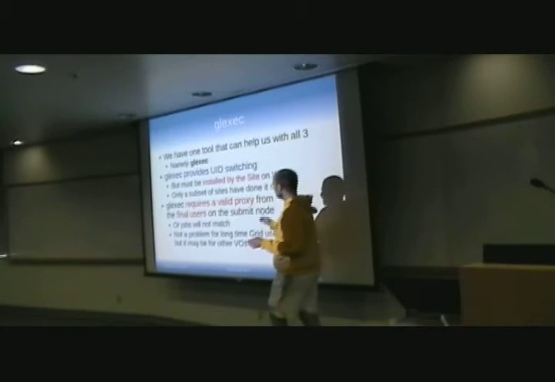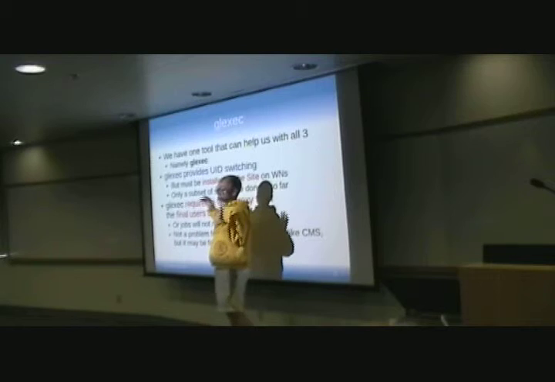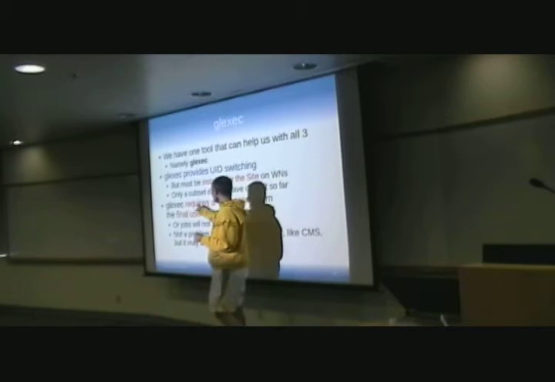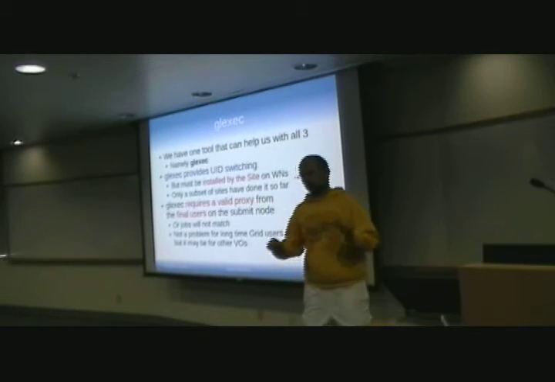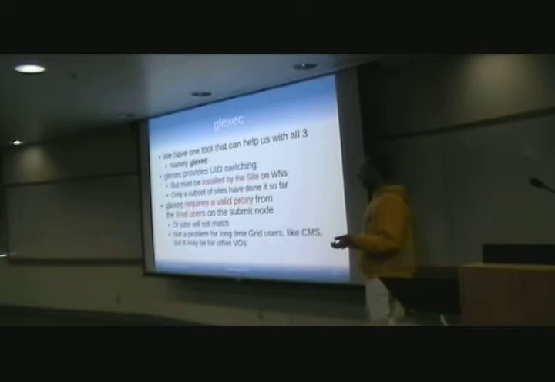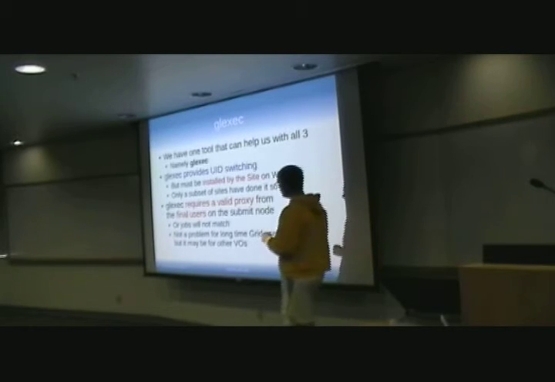And the only problem with glexec is that it requires a valid proxy from the final user to be submitted with the jobs. So if you don't have users that have proxies, then you cannot use glexec, and that's annoying. So you need to gridify the users if you haven't done so yet, in order to get the security benefits of glexec. Because otherwise the jobs will not match.